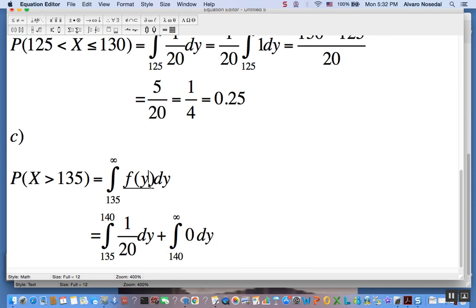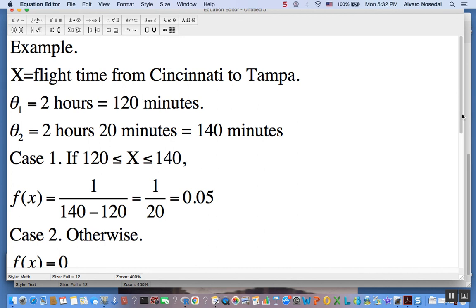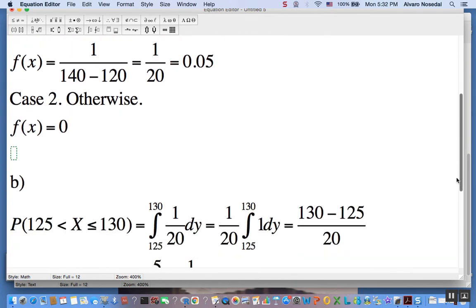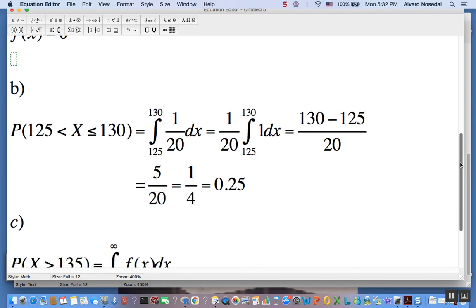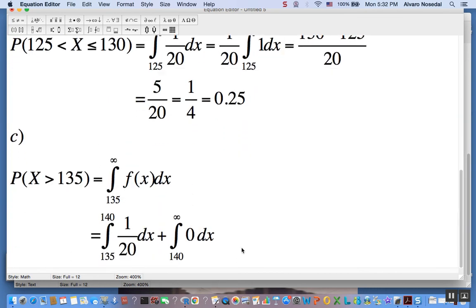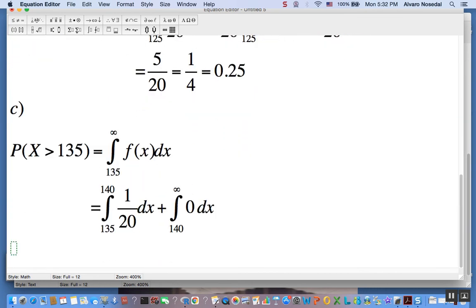And I'm using x, so let me be consistent here with the notation. Let me change it here. That should be x. That's better. Okay, very good. Anyway, that's going to be a nice, easy integral.